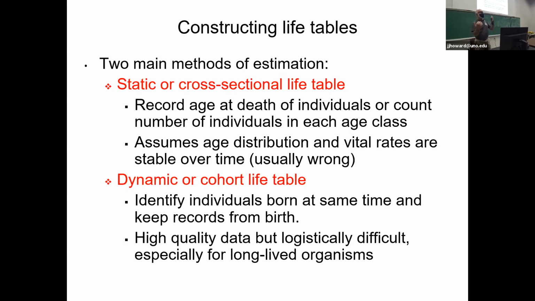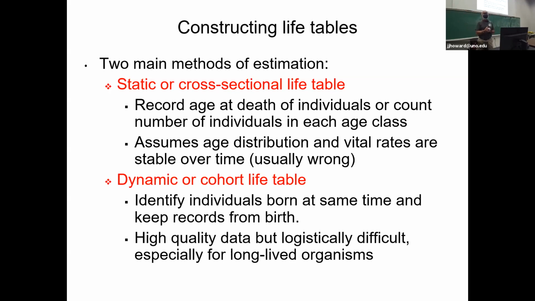How many 1-year-olds, 2-year-olds, 3-year-olds? Okay, so that's actually fairly easy to do. You can just go census a population and you can estimate what the stages and rates are likely to be.